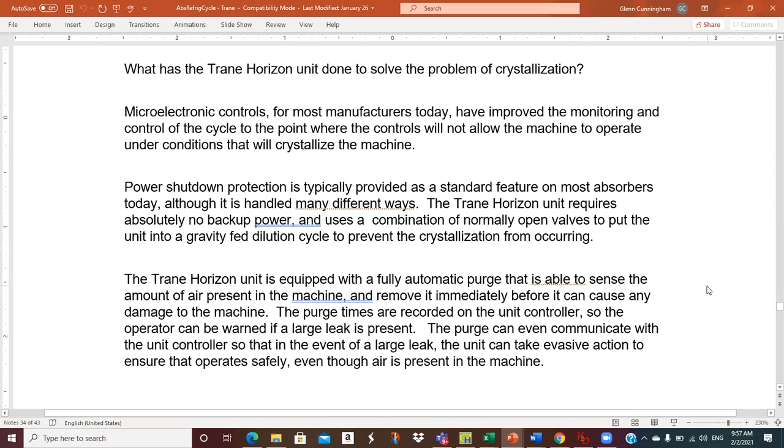So a normally open valve, the valves are a lot of times spring-loaded, or even if it's an electronic valve, it'll have enough power storage that if you take power off of the valve, it goes open. A normally open valve, if the control system goes down, the valve goes open. You can also buy normally shut valves as well.